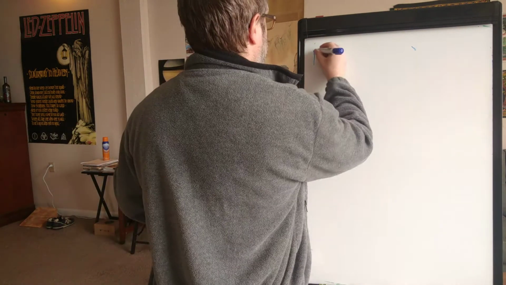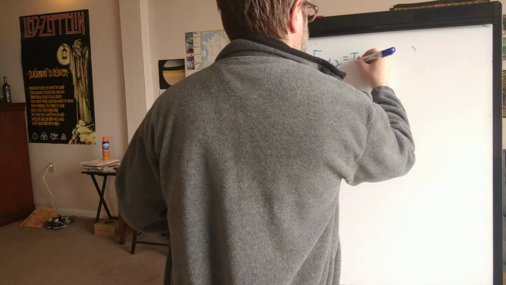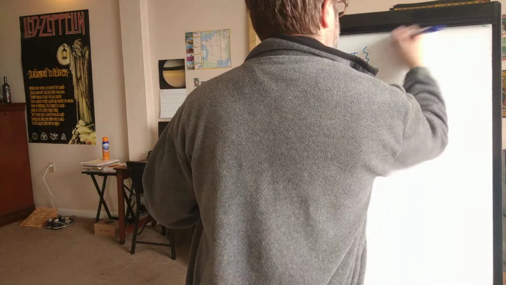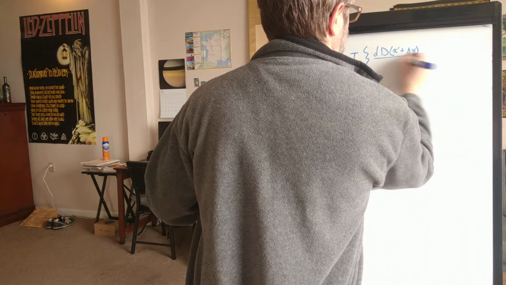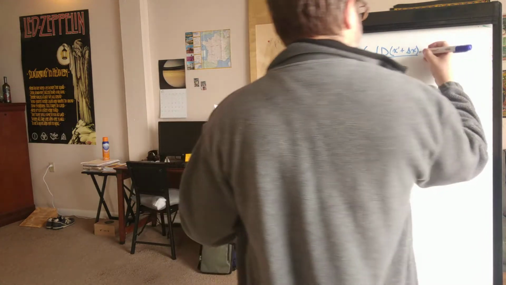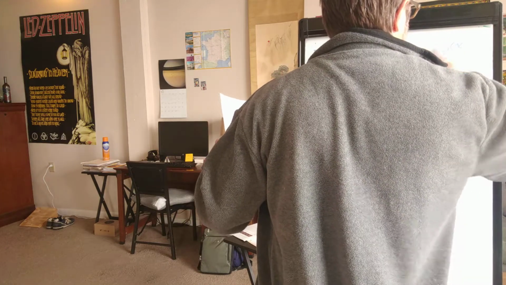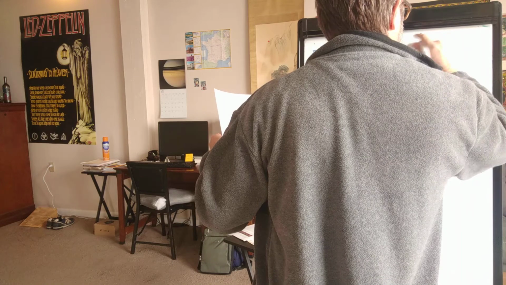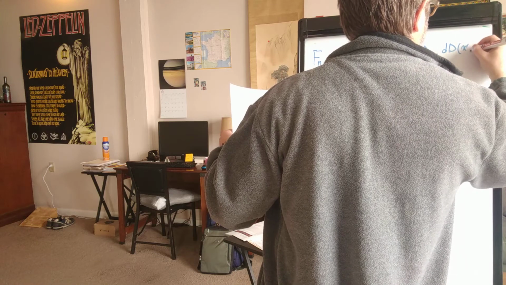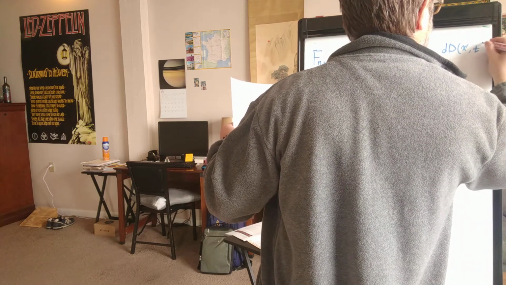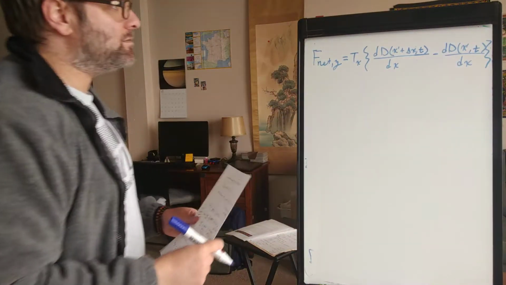So now that F net of y is equal to Tx times the quantity d x prime plus delta x, comma t, dx, minus d, oops, should be also a t there, comma t, minus d x prime, t, dx. Okay.